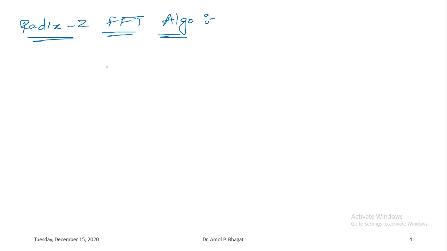Again, this Radix 2 FFT algorithm can be categorized into two: DIT FFT, and the second one is DIF FFT. DIT FFT is decimation in time.